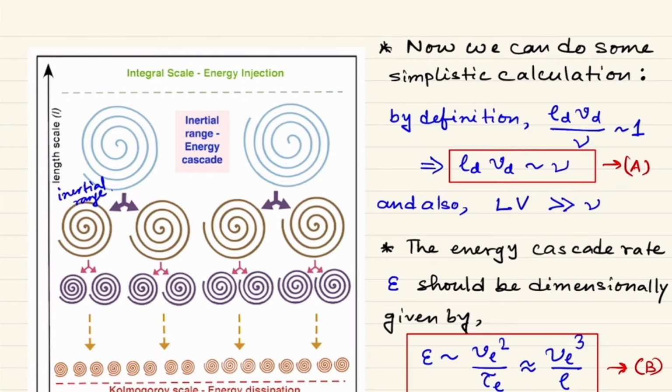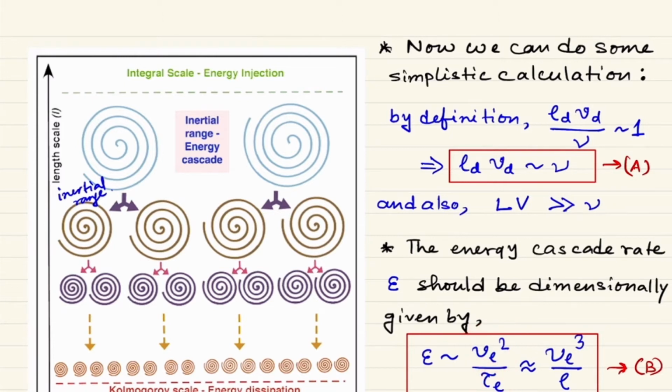Now the energy cascade rate epsilon, according to our assumption, should be scale independent, and dimensionally it is nothing but the density of energy per unit time.